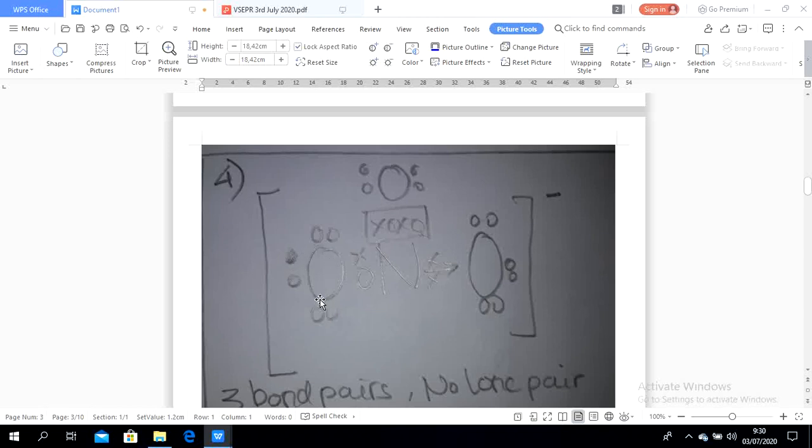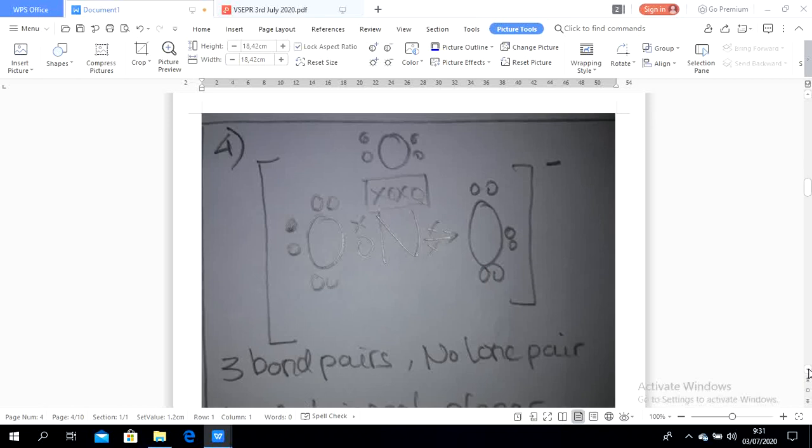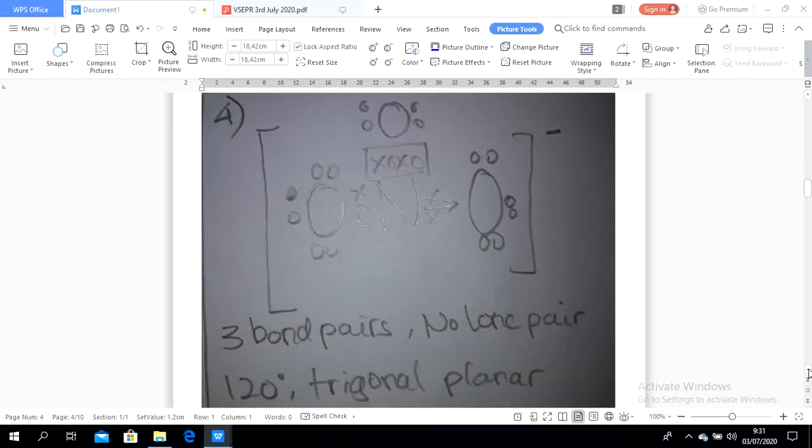This one a single bond, and there is an external electron. Now this one is a dative covalent bond from the nitrogen to the oxygen. That makes the oxygen have 8 electrons, and the nitrogen has 8 electrons also. Therefore there are 3 bond pairs and no lone pairs. The angle is 120 degrees and the shape is trigonal planar.